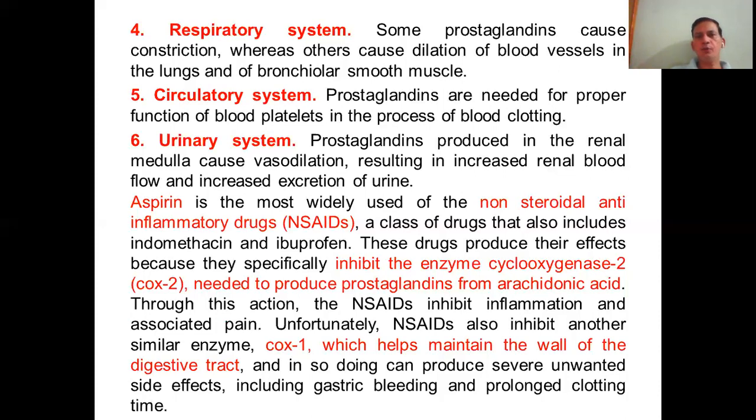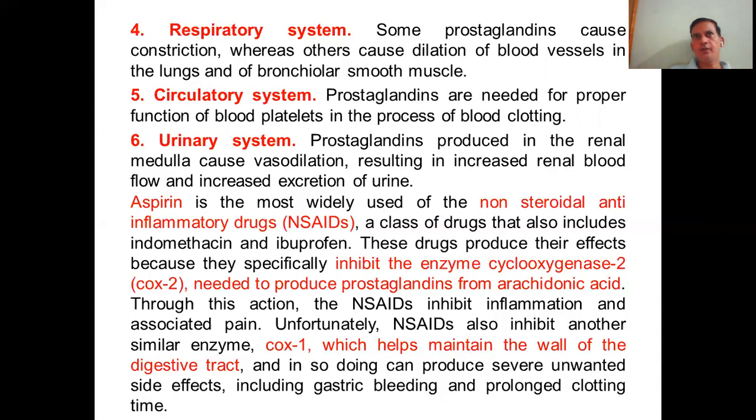One of the most popular drugs is aspirin, which is called a non-steroidal anti-inflammatory drug, NSAID. It's a class of drugs that includes indomethacin and ibuprofen. These drugs produce their effect because they inhibit the enzyme cyclooxygenase 2, called COX2, which is needed to produce prostaglandins from arachidonic acid.